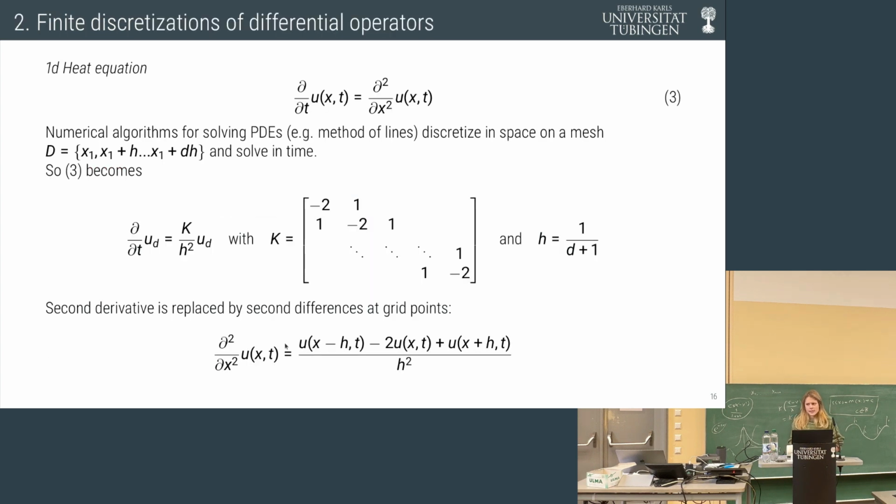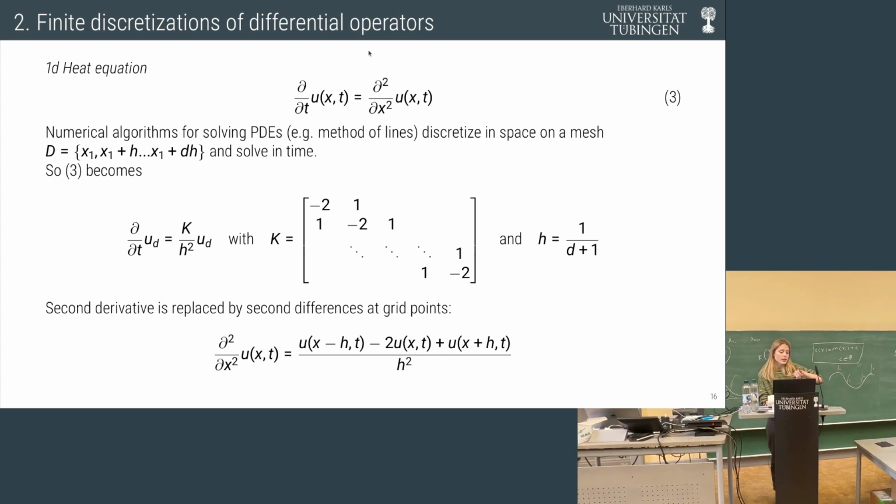Another example that is still connected to PDEs: when you want to numerically compute the solution of a partial differential equation, one thing you can do, known as the method of lines, is discretize in space, your X space, and evaluate your U on this grid.